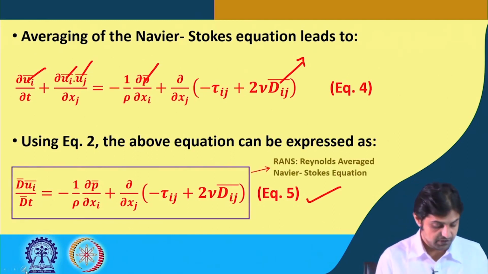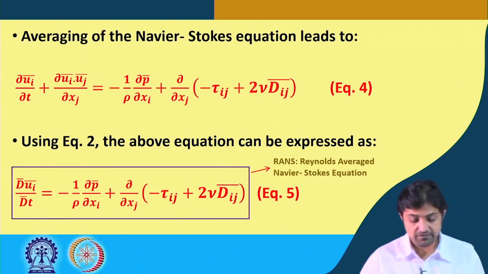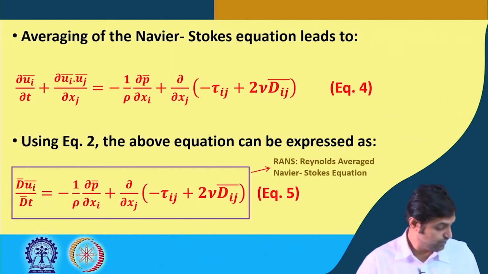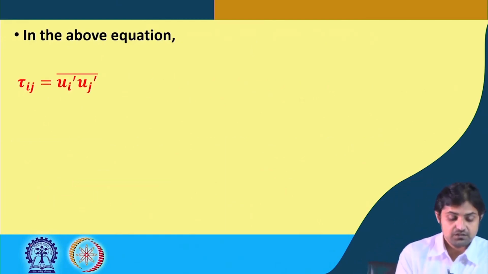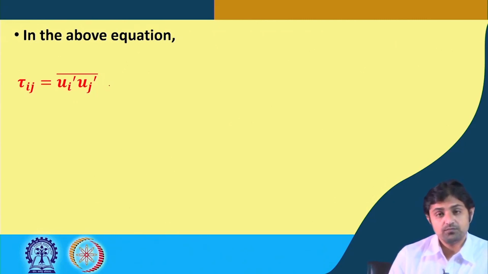So this actually is nothing but the Reynolds averaged Navier-Stokes equation. There are some things that we need to find out. What is tau ij? Dij we already know. So in the above equation, tau ij is ui prime multiplied by uj prime.